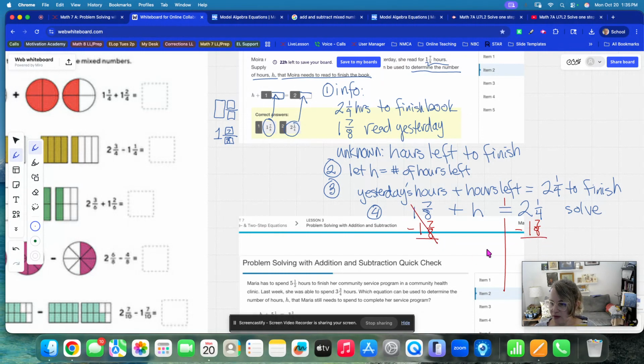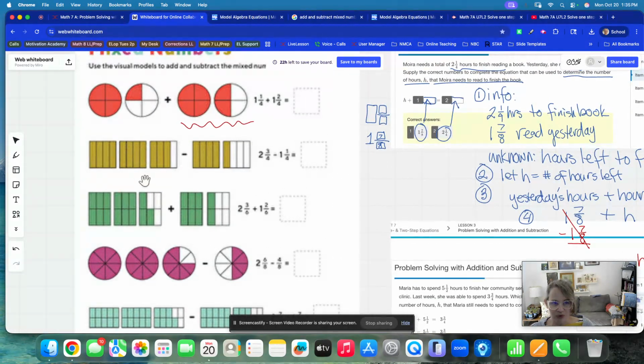Okay. Those are going to cancel out. And then over here, I pulled up these visual models just to remind you, you can add and subtract the whole numbers separately from the parts.